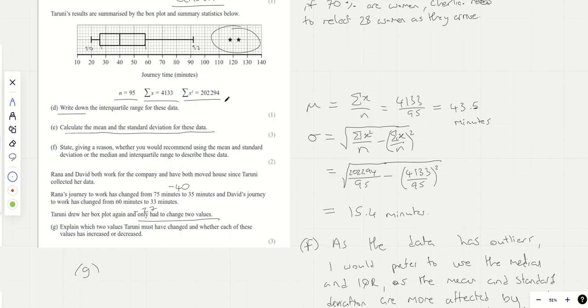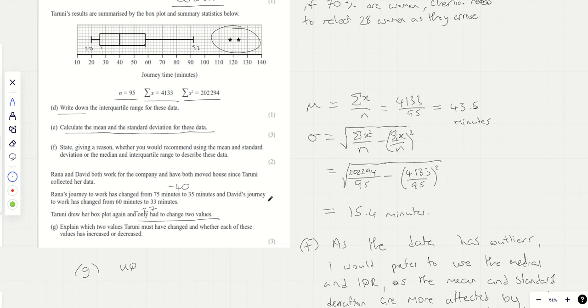Well, it looks like certainly that the outliers aren't going to change because they're right the way up here. It doesn't look like the extreme items of data are going to change either. And so if this has gone from 75 to 35, I would suggest that the upper quartile is definitely going to change. And what's more, you've got to think about where his data has lain in here.